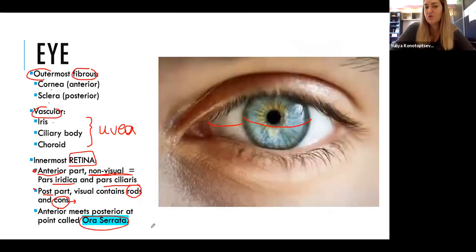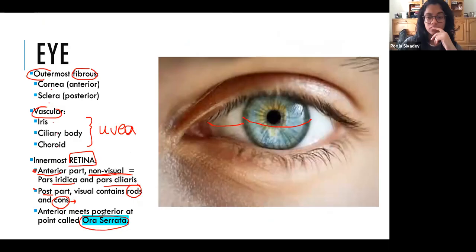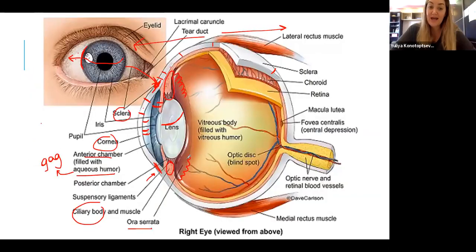As you remember, it was just the area where the anterior and posterior parts were meeting up. And anteriorly to the ora serrata, we have the non-visual retina. So what exactly makes up the non-visual retina? The iris itself and the ciliary body. Do you see they're very next to each other?